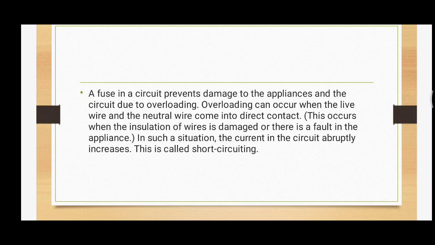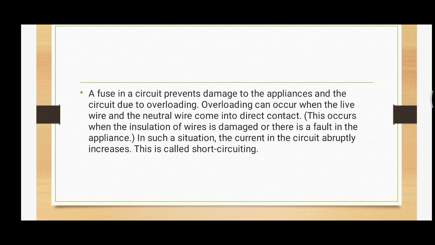So a fuse in a circuit prevents damage to the appliance and the circuit due to overloading. The reason for the overloading is also given. The overloading can occur when the live wire and the neutral wire come into direct contact. Whenever the live wire and the neutral wire both come in contact, there is a chance of overloading.